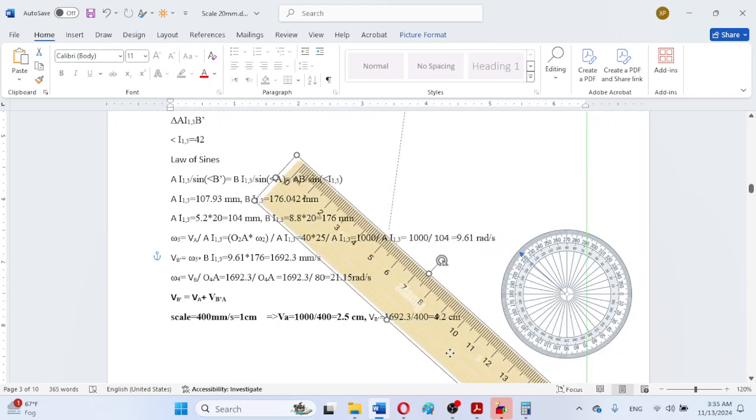So here, first of all, make this line at the correct angle.